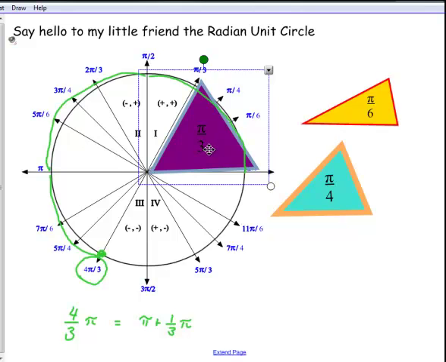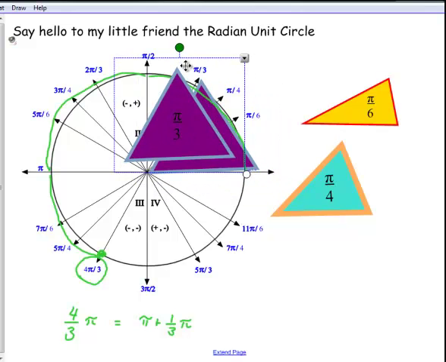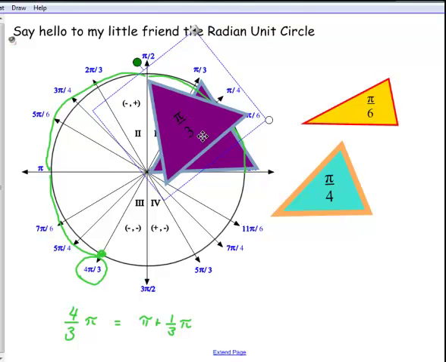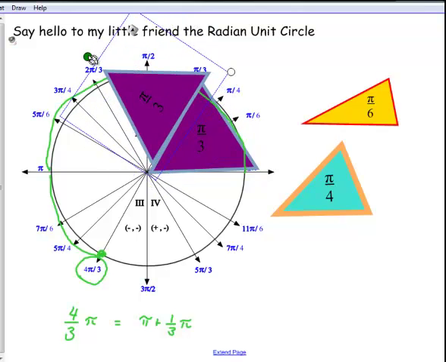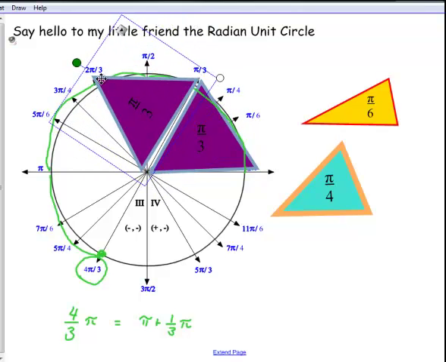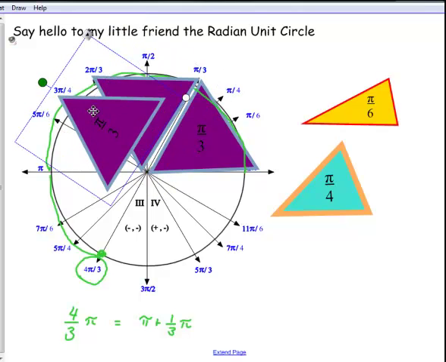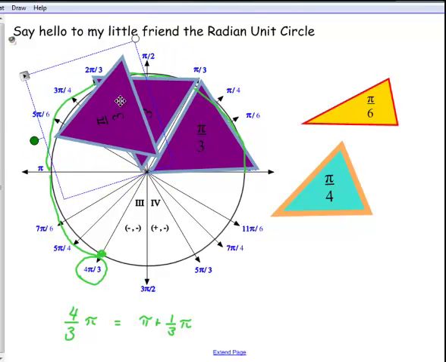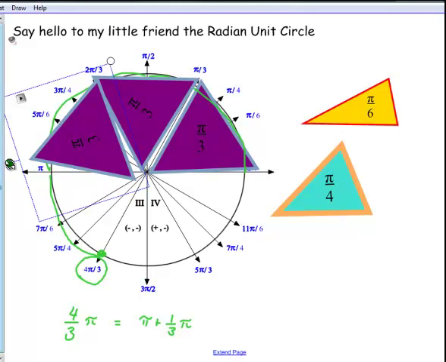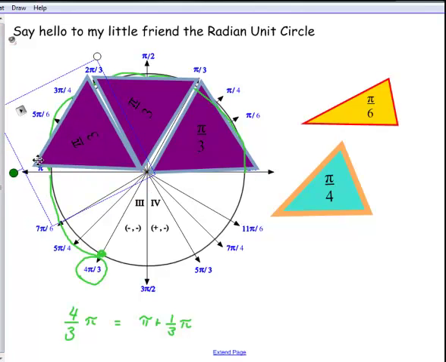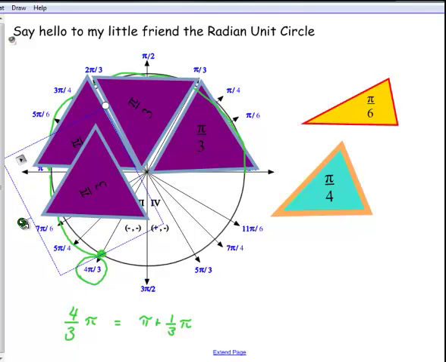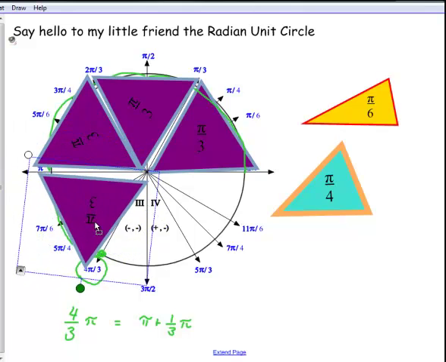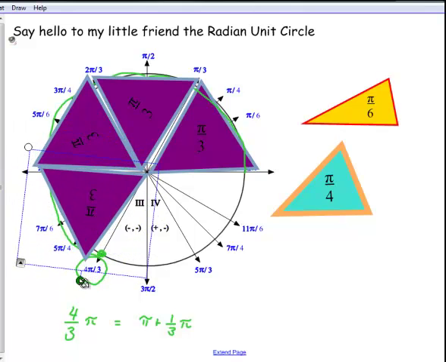And if I clone that, see, that's 1, 2, 3, and I think you see where this is going, 4. I have 4 of them. I have 1, 2, 3, 4 pi over 3s.